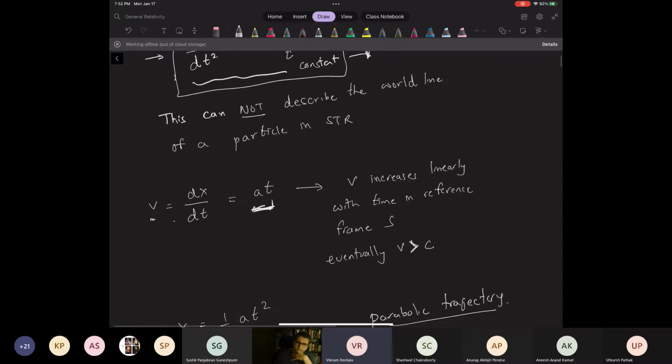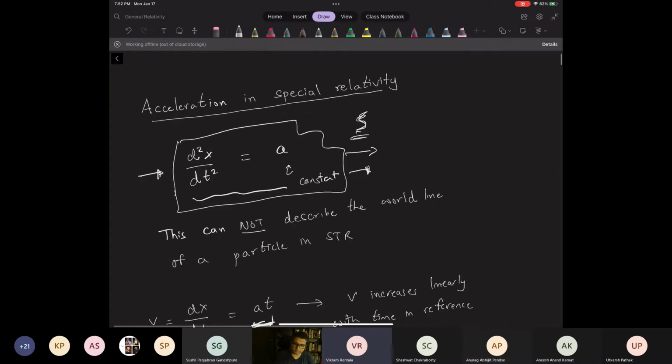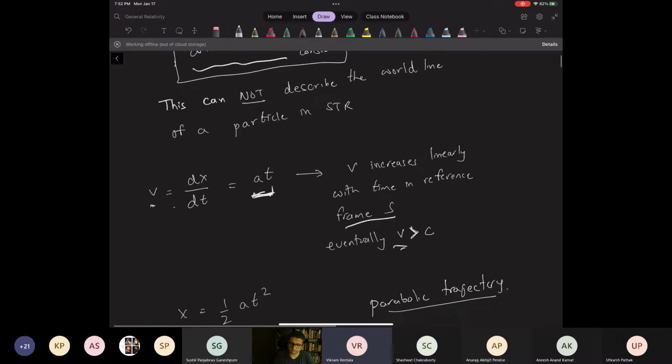What does that mean? The speed increases linearly with time in reference frame S, which means that eventually the speed will exceed the speed of light. If I continue to accelerate with uniform acceleration, the speed will exceed the speed of light. This cannot happen for any physical particle. So uniform acceleration of this form is just not allowed in special relativity. It cannot happen.